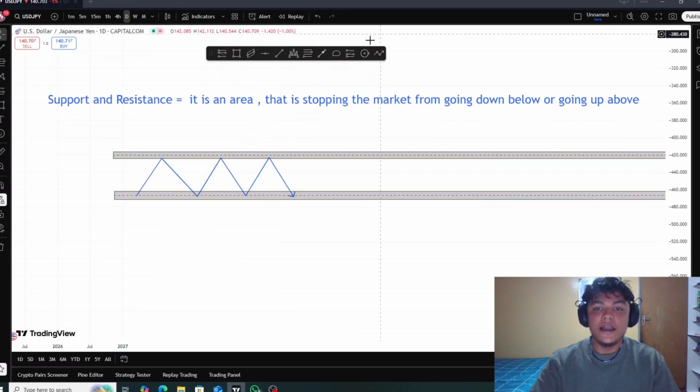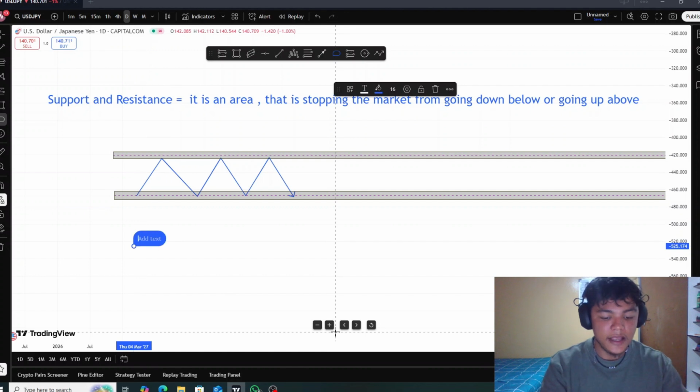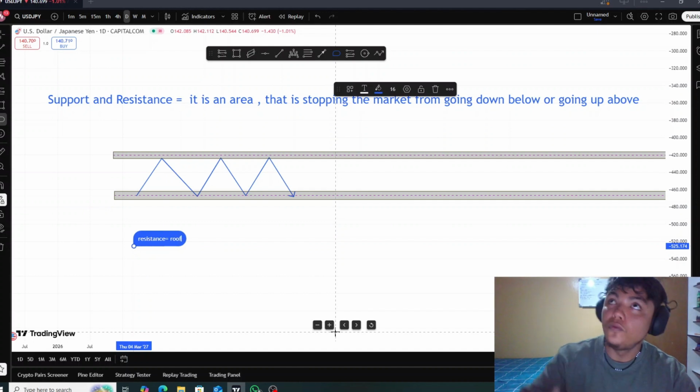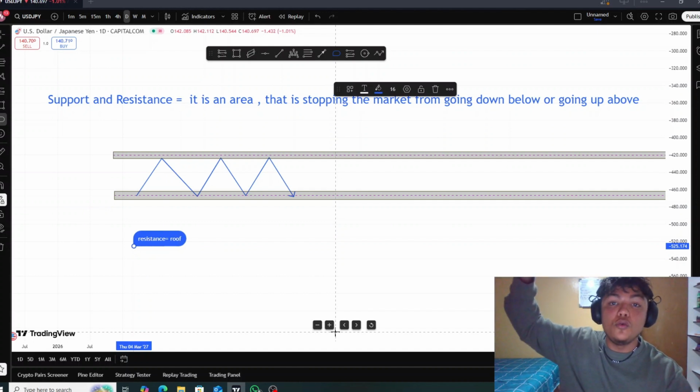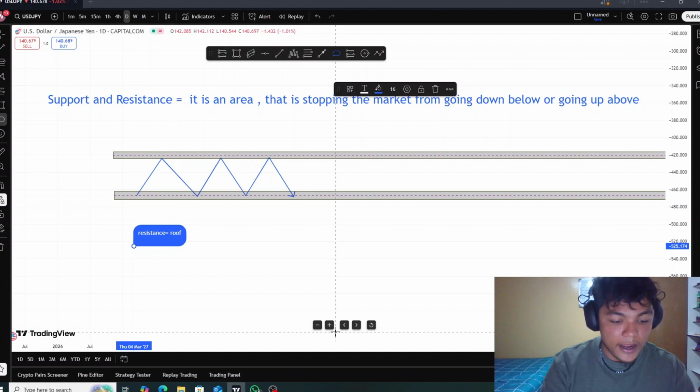How I like to remember that is resistance equals the roof, and support equals the ground.